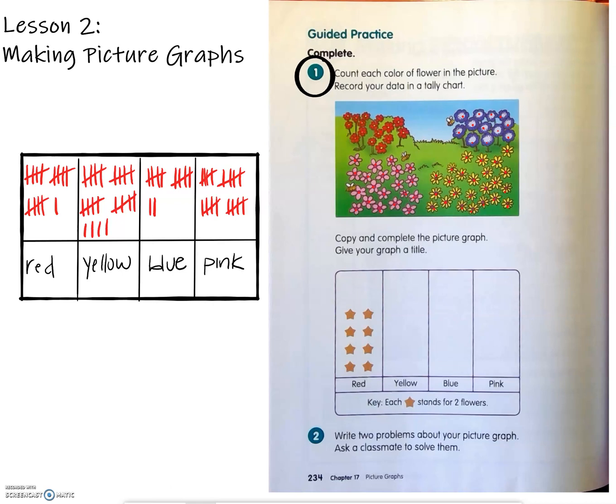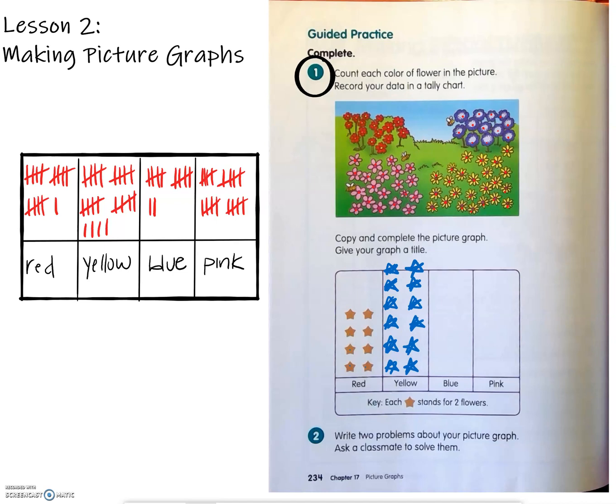It looks like they already filled in the red for me, and it looks like each star stands for 2 flowers. 2, 4, 6, 8, 10, 12, 14, 16. Yellow is different. It has 24 flowers. So first, 2, 4, 6, 8, 10, 12, 14, 16, 18, 20, 22, 24.